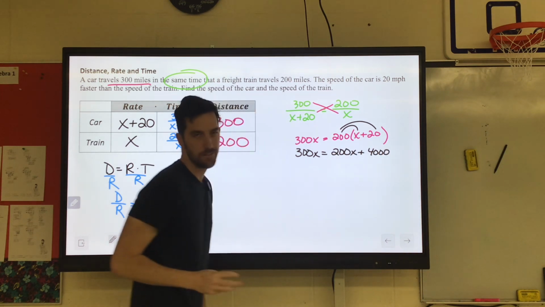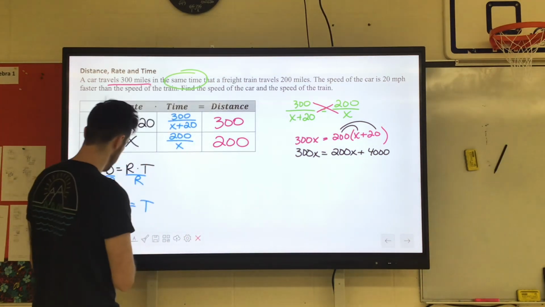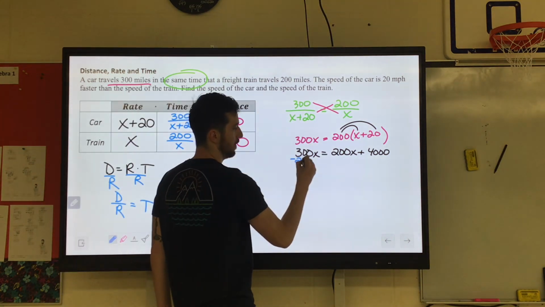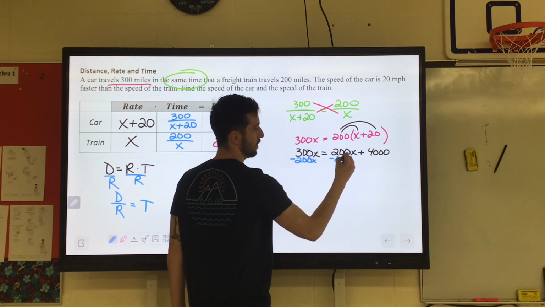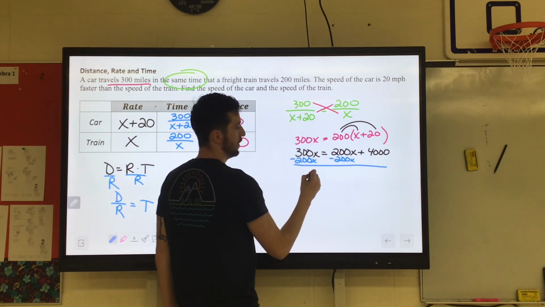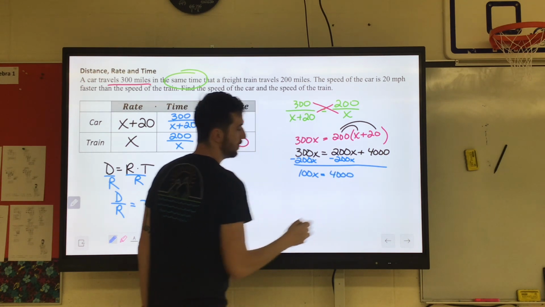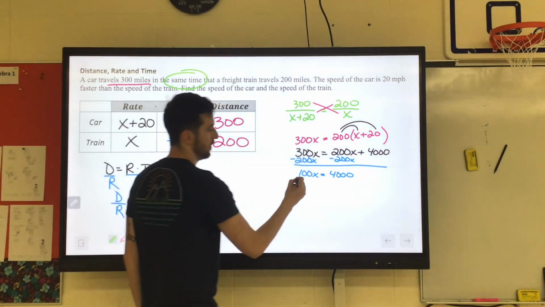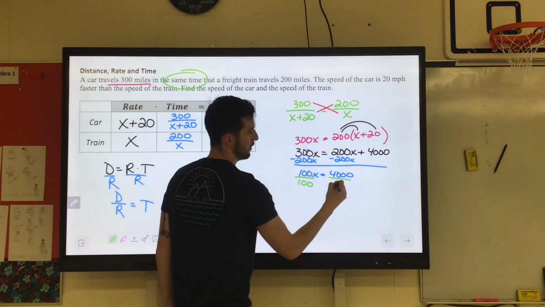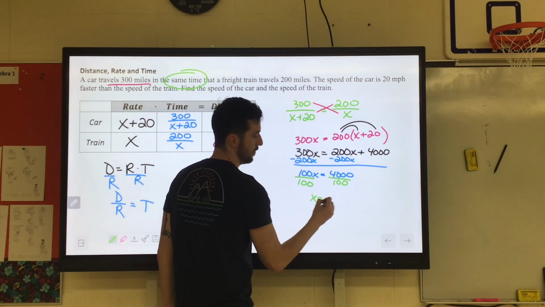Now you know how to solve linear equations. You would subtract the 200x there. So we'd have 100x equals 4,000, and then you would divide by 100, and you would get x equals 40.